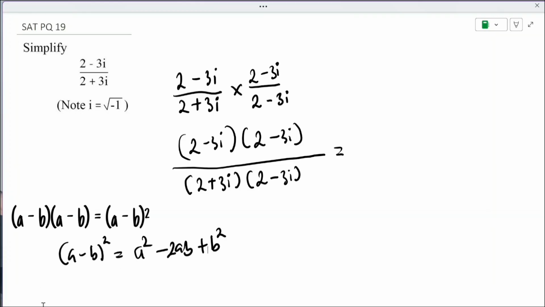The shortcut method is this: you have 2 minus 3i all squared, where a is 2 and b is 3i.